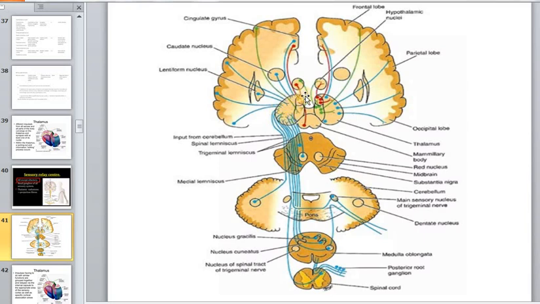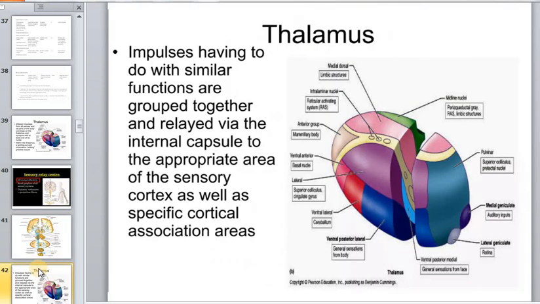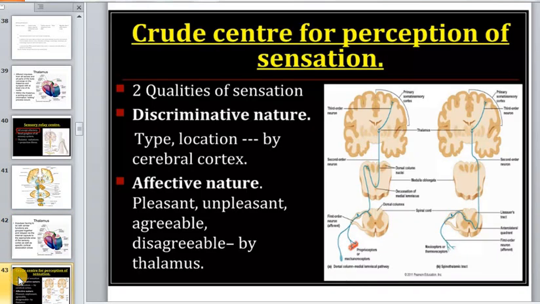And here we see these parts of the thalamic area and different connections with the different parts of the cortex. So it's very important. Inputs having similar function are grouped together and relayed via the internal capsule to the appropriate area of the sensory cortex, as well as specific cortical association areas and the center for perception of sensation.